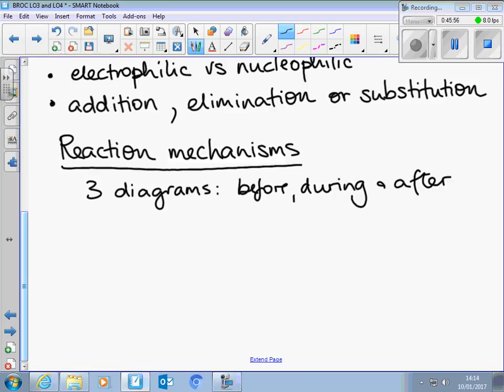Right, I think I'm going to introduce you to Jim Clark's bit on curly arrows, which I have stolen heartlessly off his website, but I'm telling you it came from there. On some of my sheets I do say taken from Chem Guide, because I think that's only fair, but I haven't done it on this one for some reason.